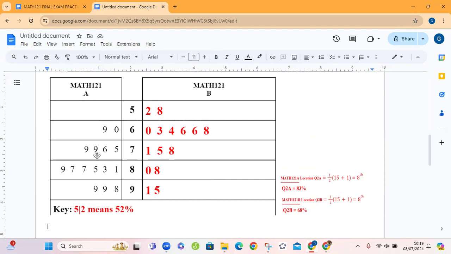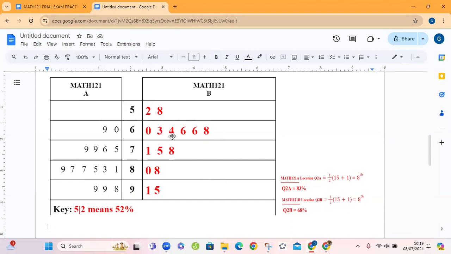Most of the students scored around 83%, the majority from 59 to 98, 99. And the median for group B is less, which is 68%. Most of the students scored between 58 and 78, around there.